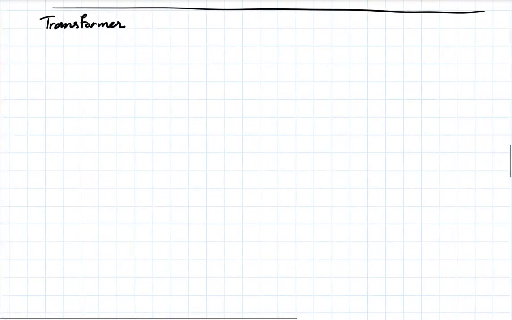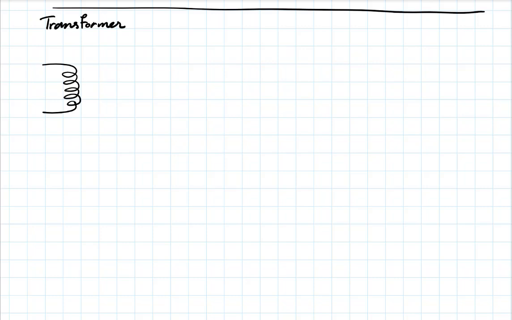So it's basically 2 coils like this. Let's just call the voltages V1, V2. And you might indicate the polarities like this, or sometimes they put a dot there to indicate which way the polarities are.